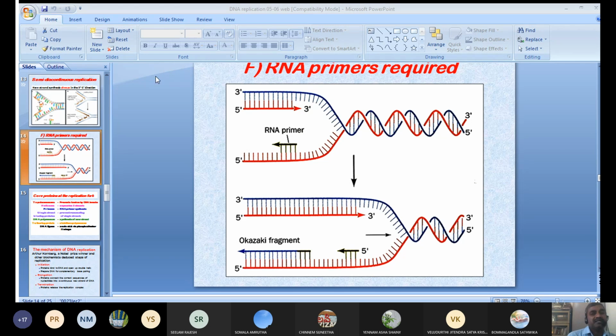The 5' to 3' synthesis happens in a continuous manner, but in Okazaki fragment formation, RNA primers are formed based on a specific kind of nucleotide sequence. That sequence is recognized by the primase enzyme, and it continues to synthesize the RNA primer molecule. This is what we can see.